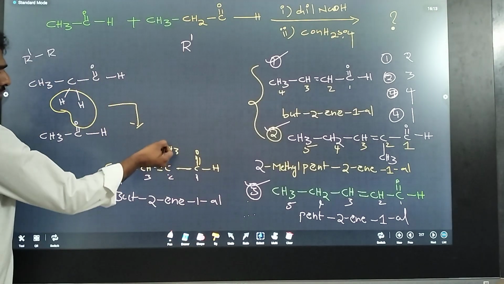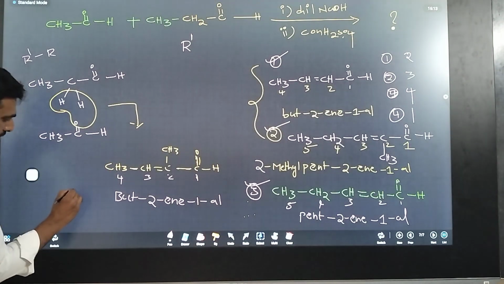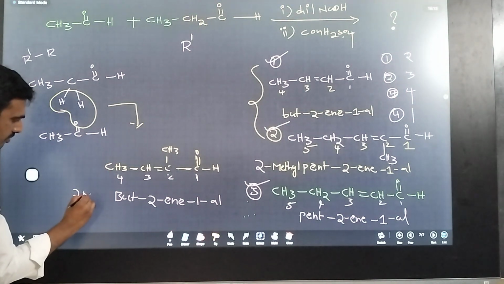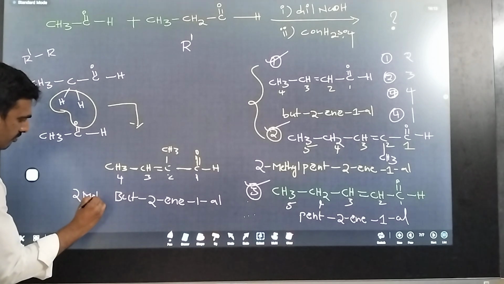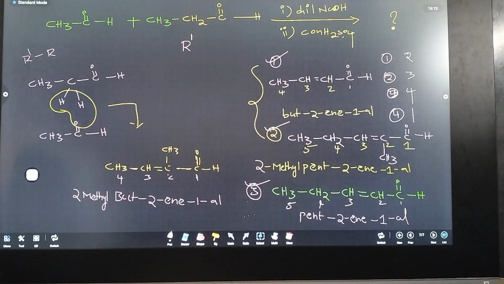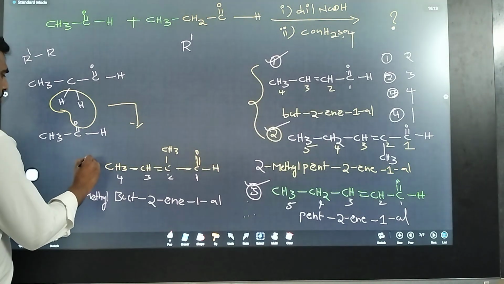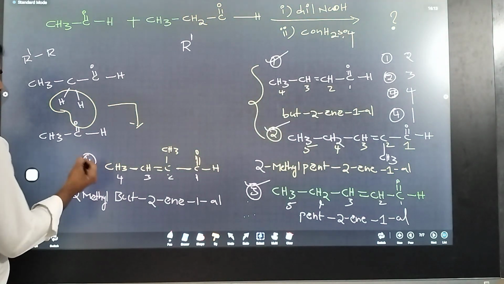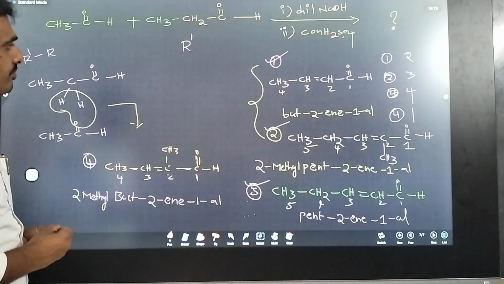Here second position prefix is there, so 2-methyl but-2-en-1-al. So this is the fourth product. Okay, this is the fourth product.